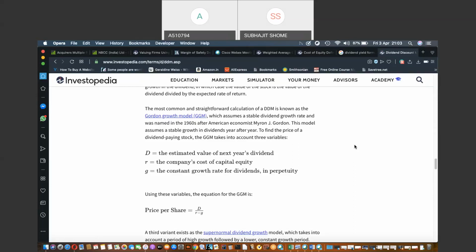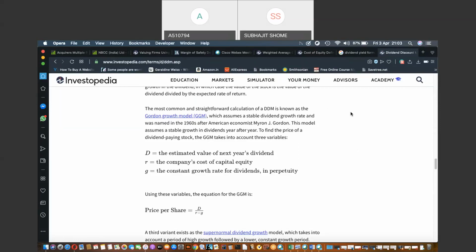I want minimum 10% growth on the dividend next year. Otherwise, why should I take all that risk? And what we calculated is 0.102, remember?